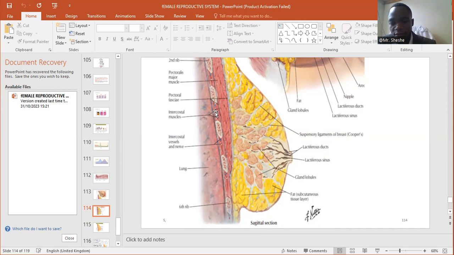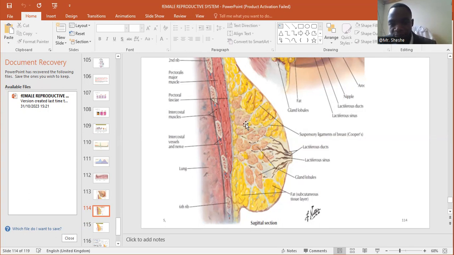So when you're asked to draw the breast, you must also label those muscles: pectoralis major muscle and the intercostal muscles, plus the two layers of fascia: superficial fascia, which is simply adipose tissue; deep fascia, which is simply dense regular connective tissue.